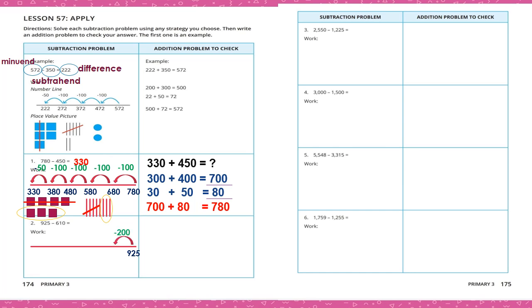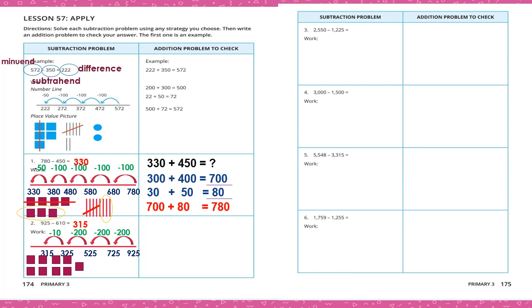So go back 200, so it will be 725. 725 minus 200, 525. 525 minus 200, 325. Don't forget 610. I make 600. Don't forget minus 10. Minus 10 equals 315. So the difference equals 315.